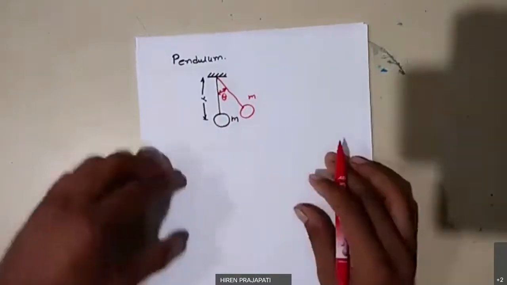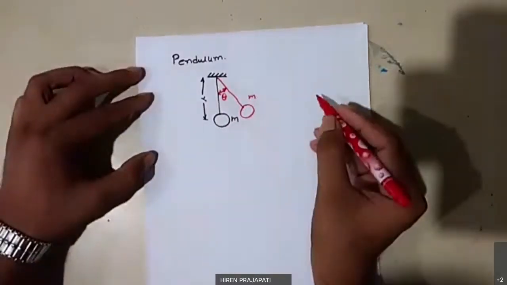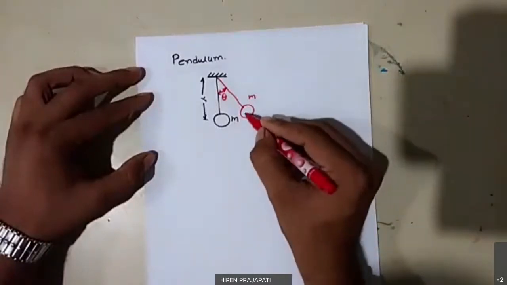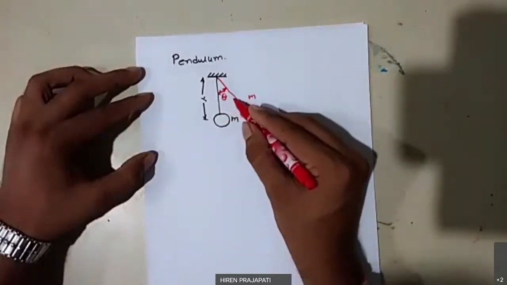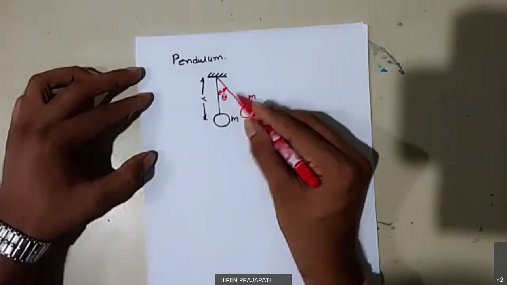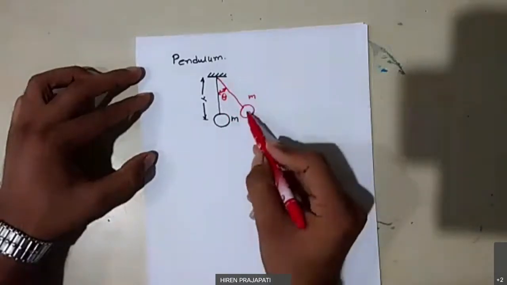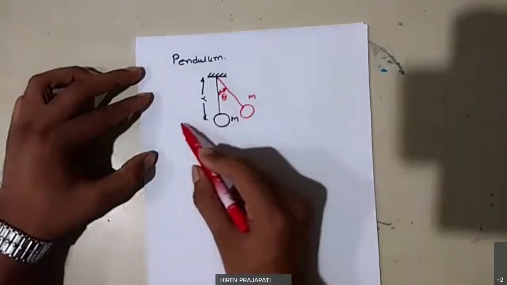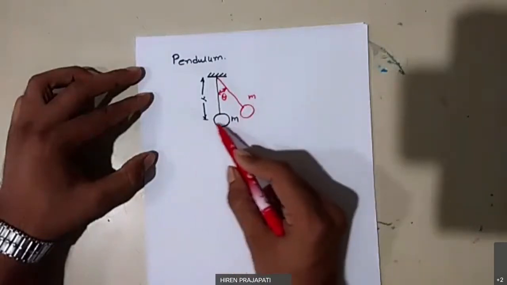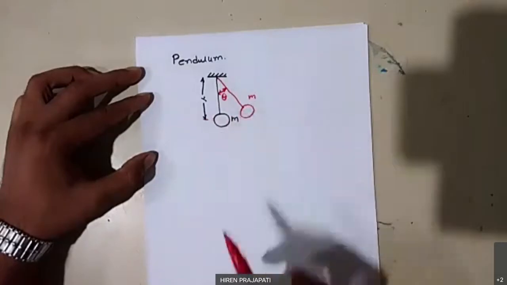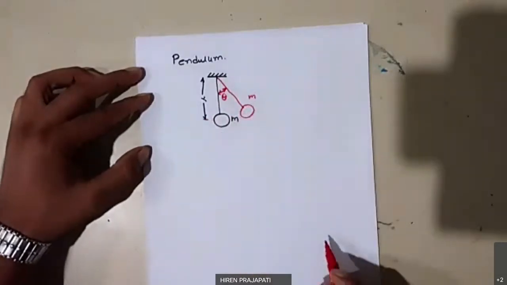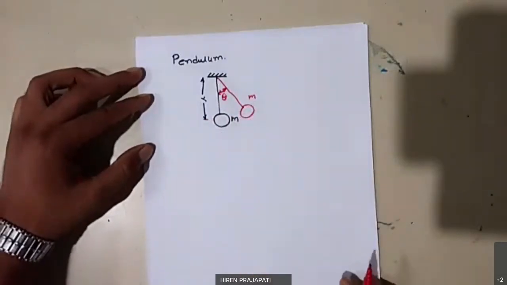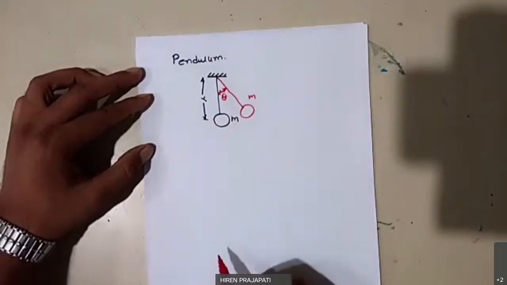So if you see what happens as you give initial angle theta, and then if you release this, then this pendulum will swing with certain frequency or with certain time period. So that is what we are interested. We want to derive natural frequency equation for this pendulum.